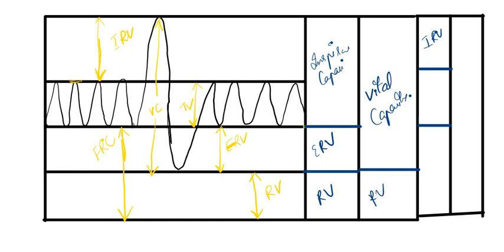So we are talking about tidal volumes. Then this is functional residual capacity. And here in the final column we say it as total lung capacity.